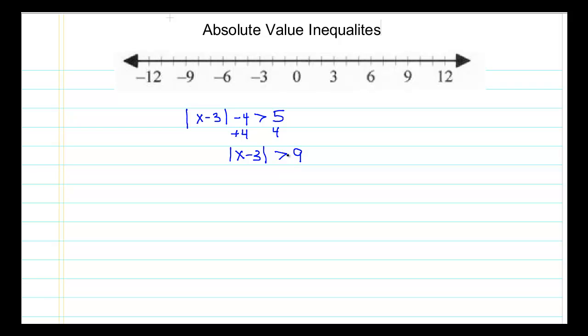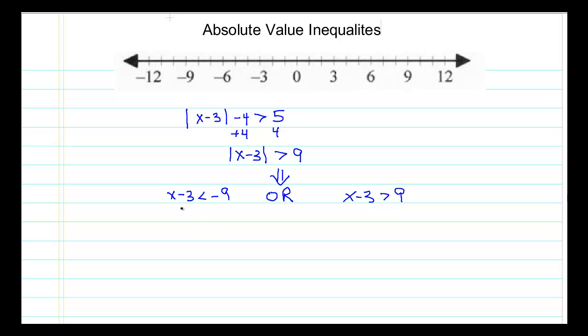And we just said that when we have a greater than symbol, that is equivalent in compound inequalities to an OR. And we know that we're going to have this expression bigger than positive 9, or we're going to have that expression smaller than the negative of that number, negative 9.